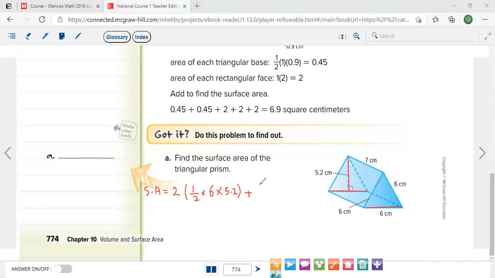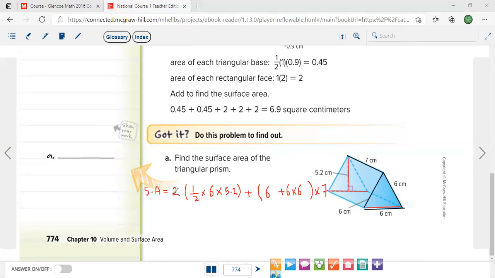Three faces together is like you add the sides of the triangle, all of them, 6 plus 6 plus 6, then multiply by the height of the prism, which is 7. Again, we are going to add the three sides of the triangle and we are going to multiply them by the height of the prism.